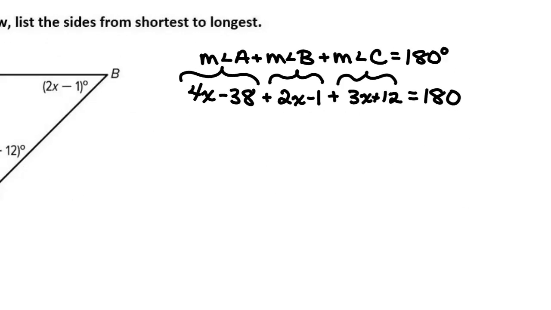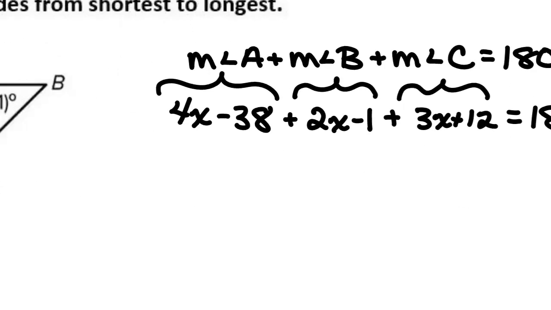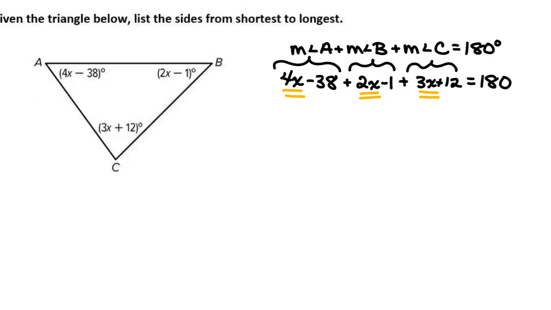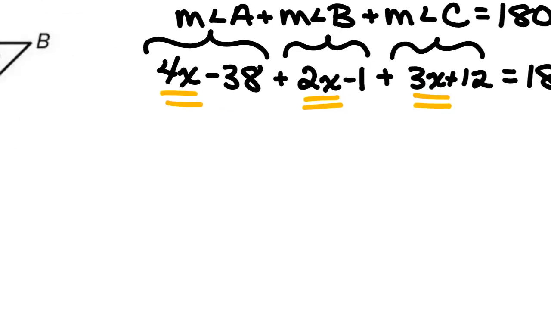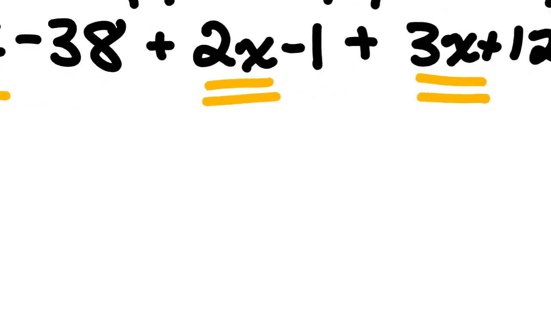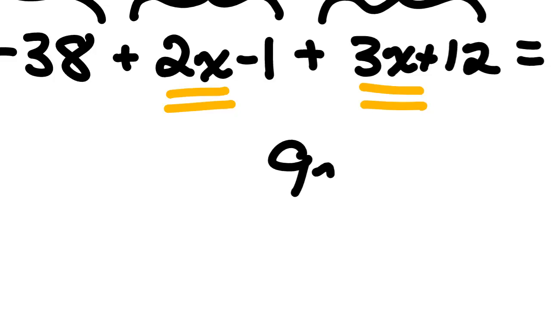Let's combine our x's together first. So I have 4x and 2x and 3x. What does 4 plus 2 plus 3 add up to? 9. So I have 9x.